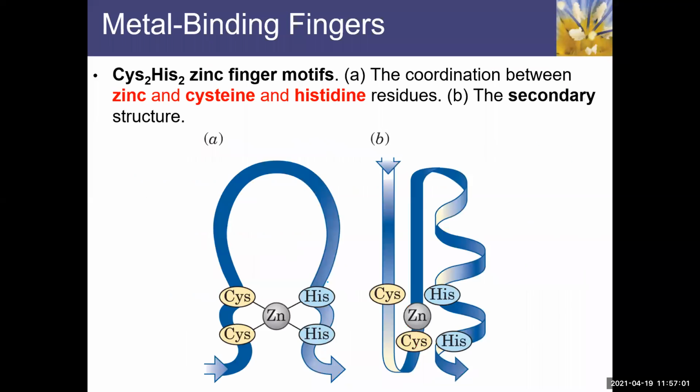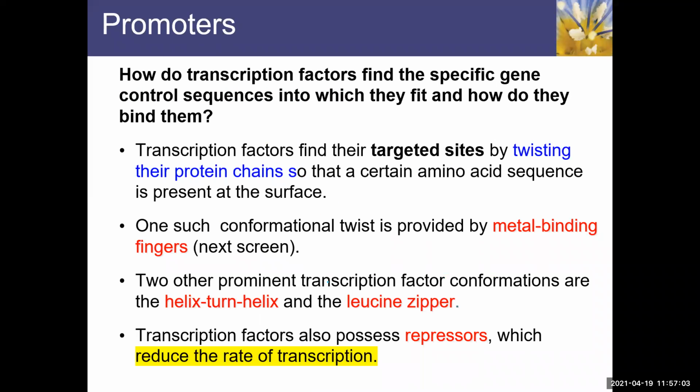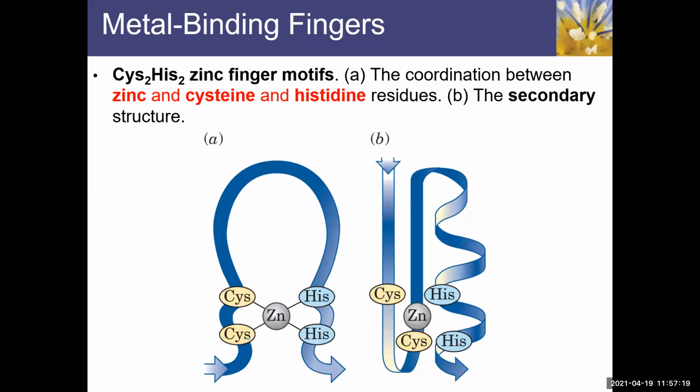Okay. And then how do transcription factors bind to the DNA? They have a special kind of motif, or you can say special places which can attach themselves to the DNA, right?